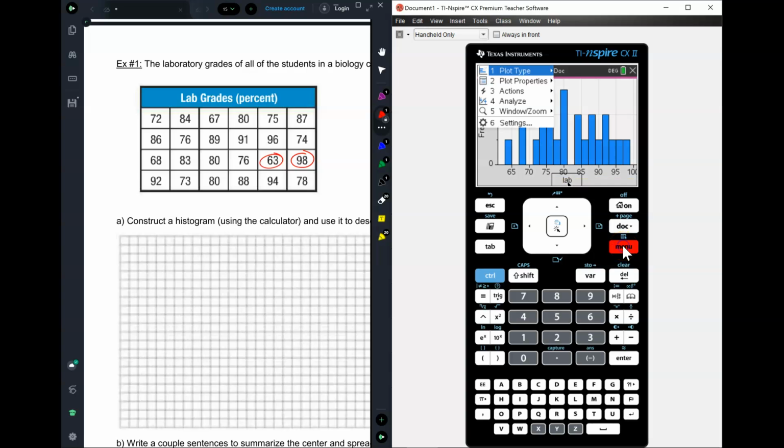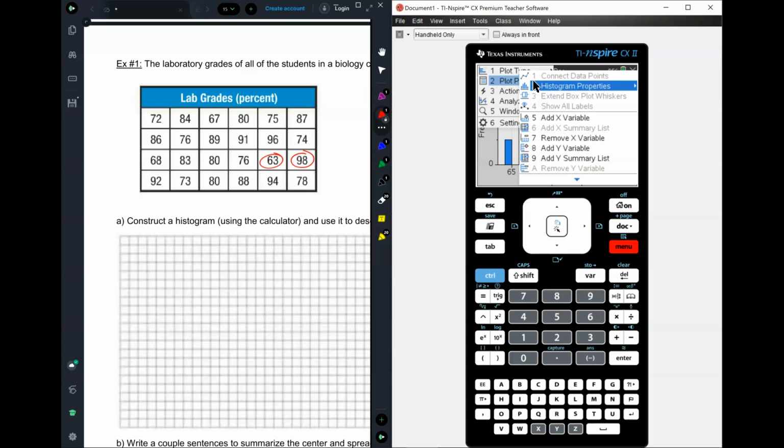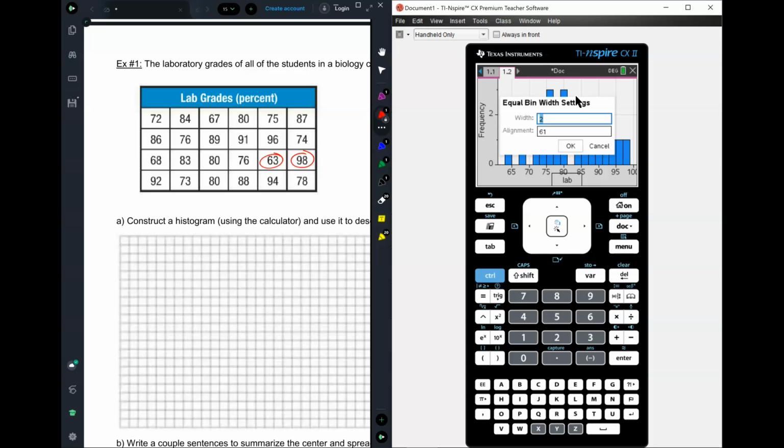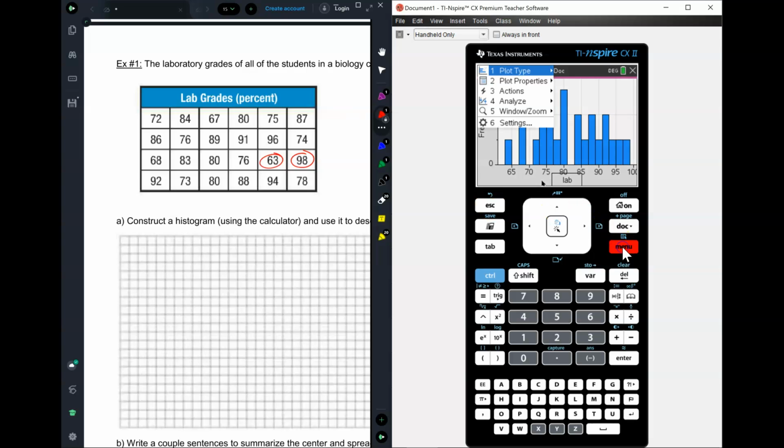Here's what we're going to do. Go to menu. Go to plot properties. Go to histogram properties. And go to bin settings, and make sure you have equal bin width. Okay, let's do that again. Menu.